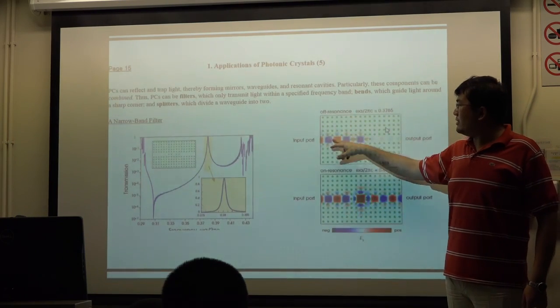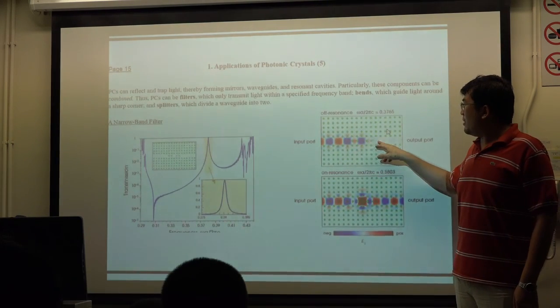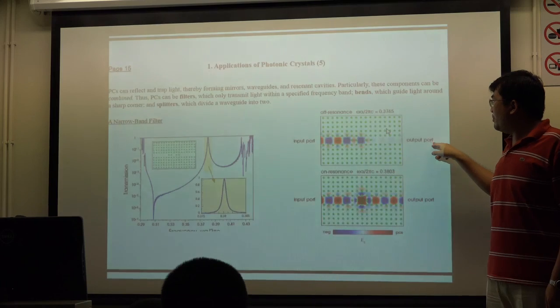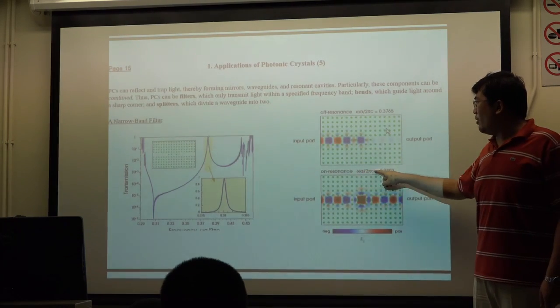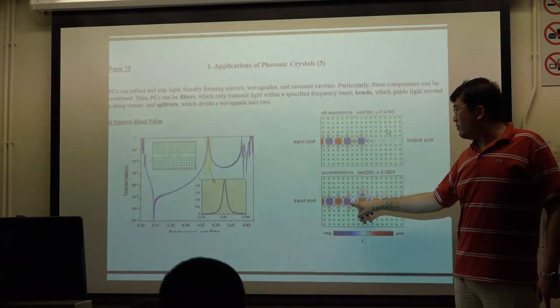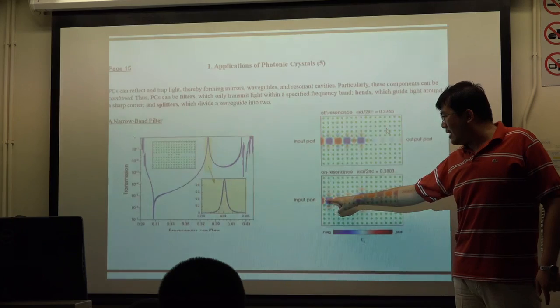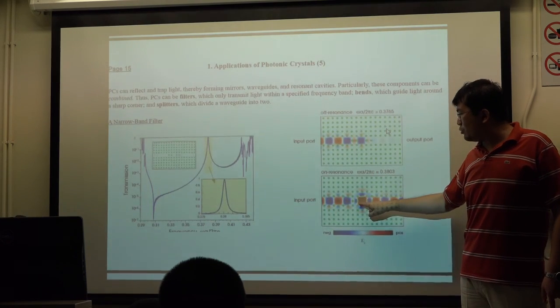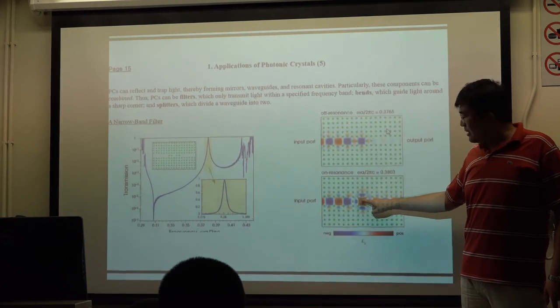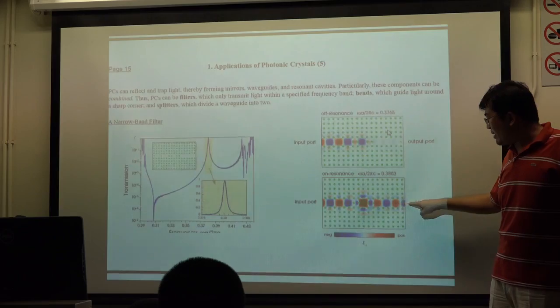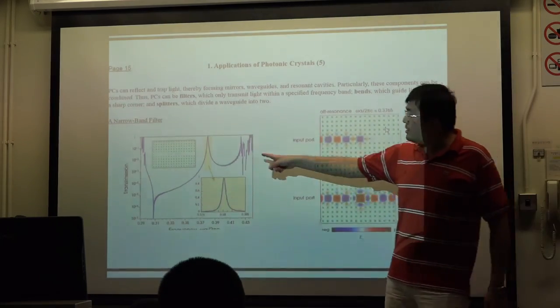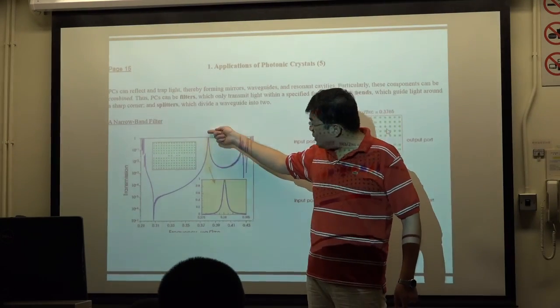they call it off resonance. You can see the wave cannot propagate to the output port. But at a resonance point, the waveguide guides the electromagnetic wave and couples to the cavity. Then the cavity couples to the waveguide. You can see here the transmission is a very narrow band.